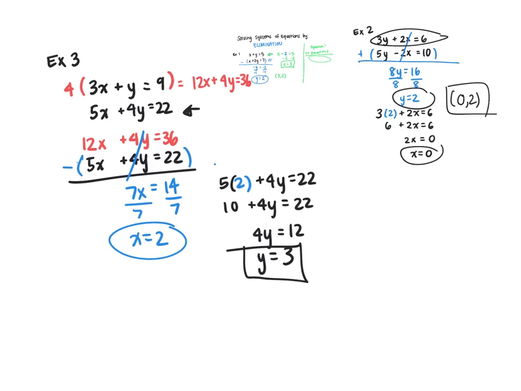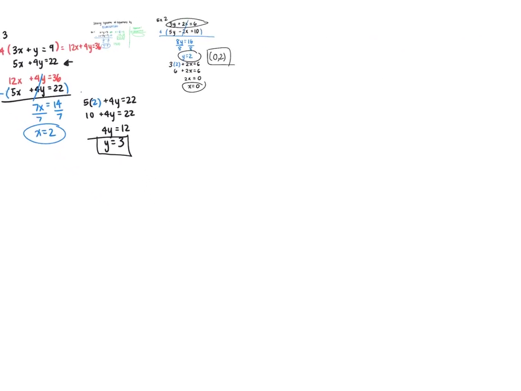Let's look at one more example. So here we have the two equations. We have x plus 3y equals -5, and 4x minus y equals 6.